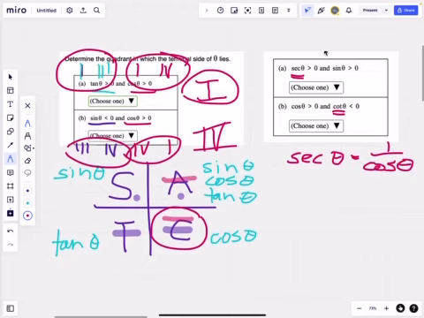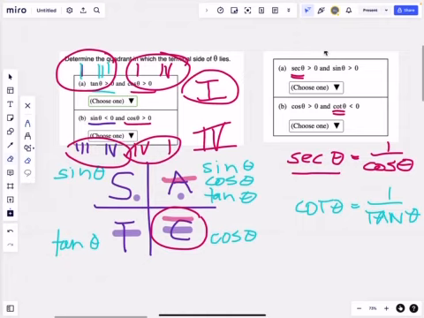That means that wherever cosine is positive, secant is positive, and wherever cosine is negative, secant is negative. The same is true for cotangent. Cotangent of theta is equal to 1 over the tangent of theta. So the signs of tangent will also hold true for the signs of cotangent.